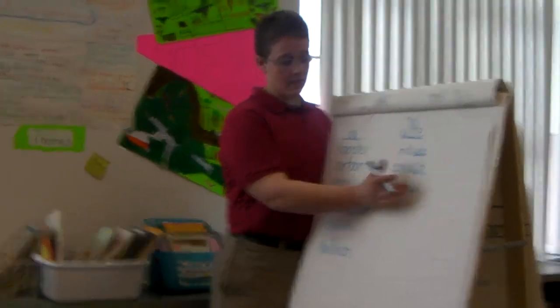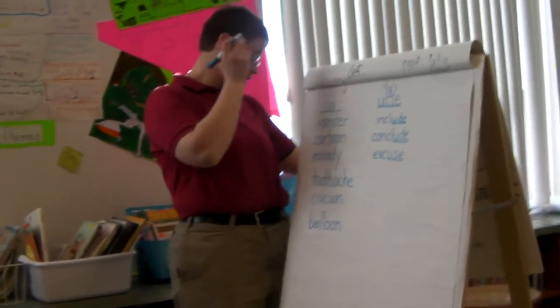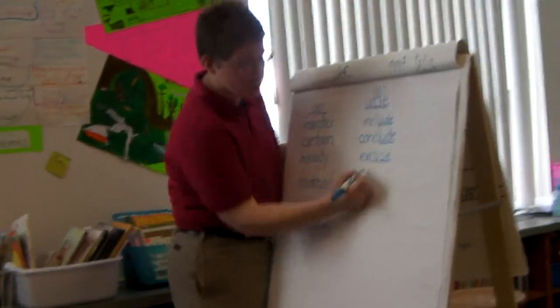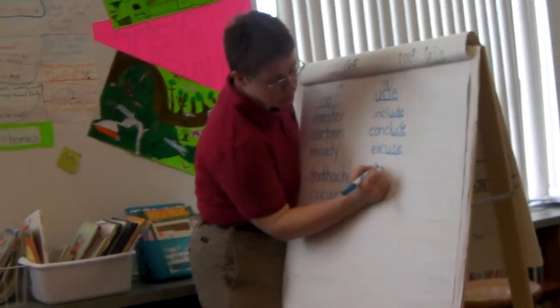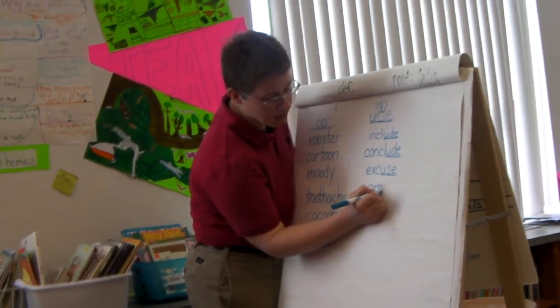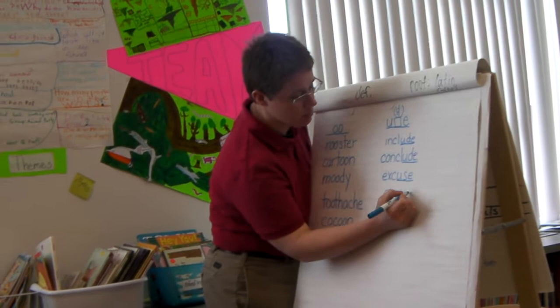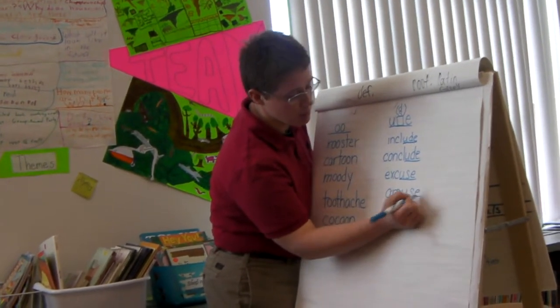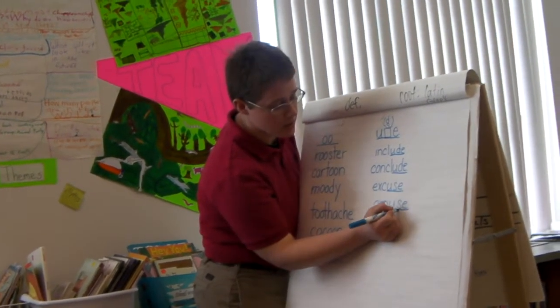Excuse. So that's what makes that oo or U here, this E on the end and that letter in between. What other words do we have here? Amuse. If you amuse someone, maybe you make them laugh. I'm going to amuse you with this magic trick.